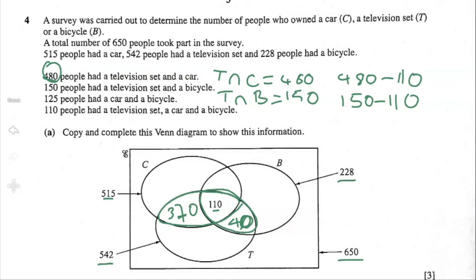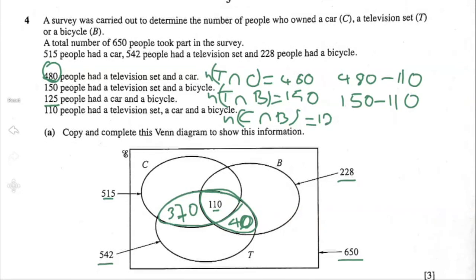Then we have 125 people had a car and a bicycle. That means C intersection B, the number of elements there. So the number of elements in C intersection B should be 125.